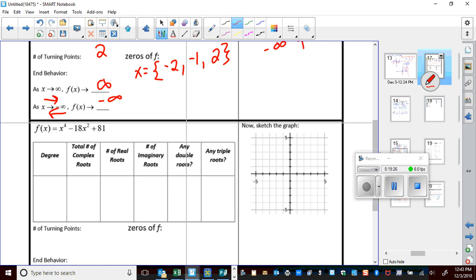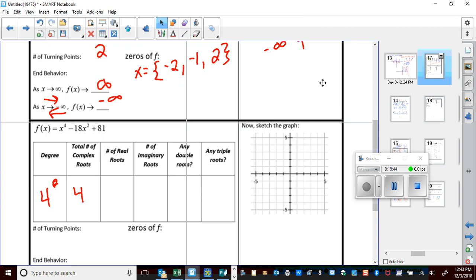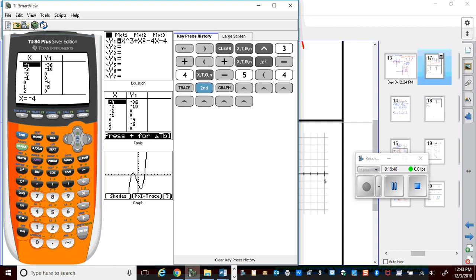So looking at x to the 4th minus 18x squared plus 81, things I can answer automatically. This is a 4th degree polynomial. That means it has 4 real roots, right? Go to my graphing calculator, plug it in, and have x to the 4th minus 18x squared plus 81.